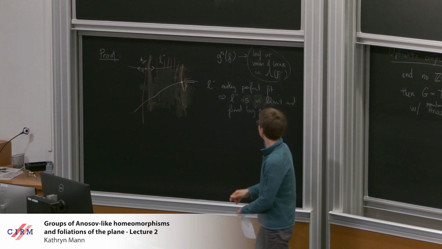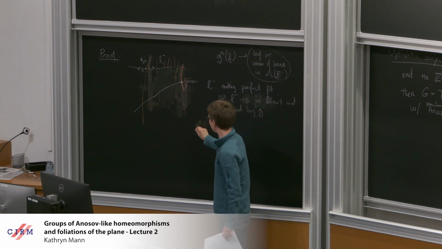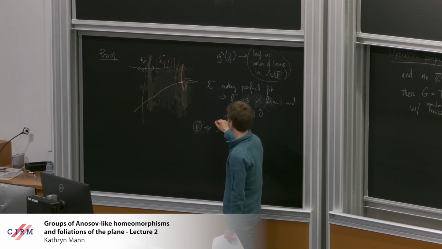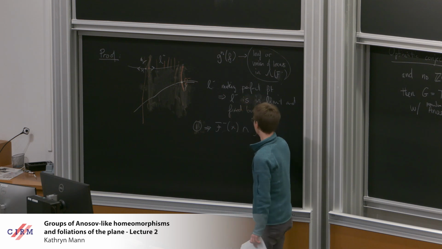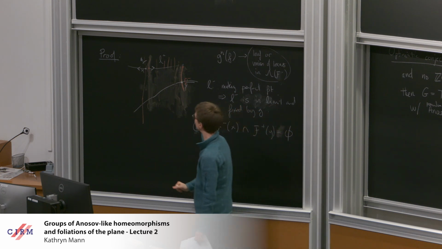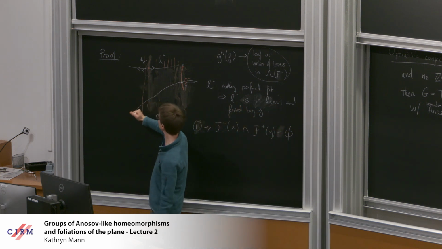Okay. So axiom property 1 in the definition again implies that, what was I calling this? The minus leaf through X and the plus leaf through Y don't intersect. Is the empty set. So this cannot happen.